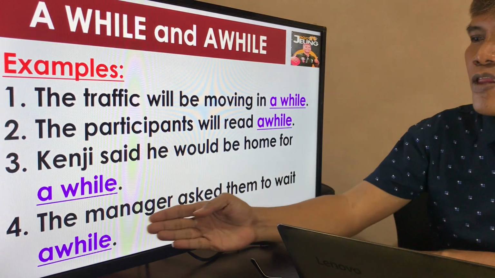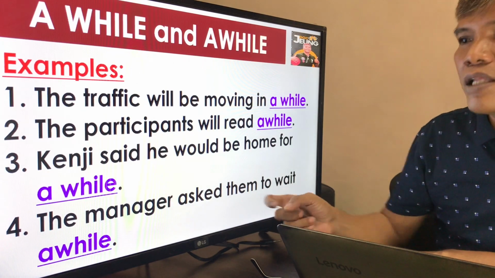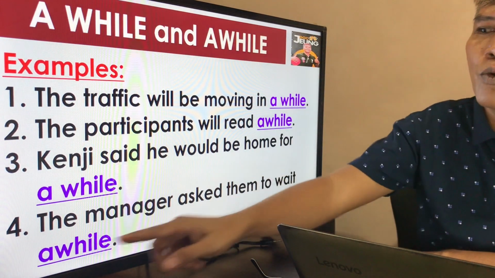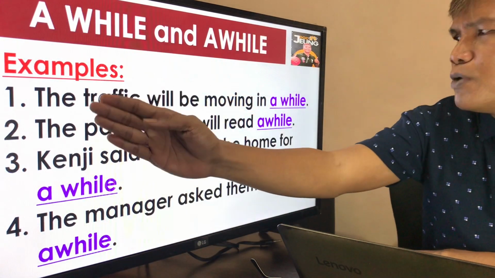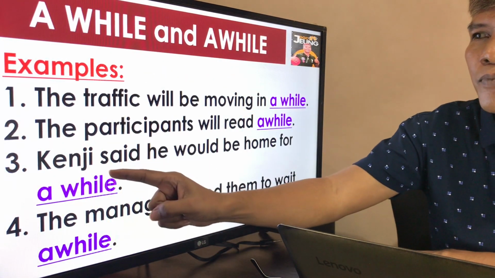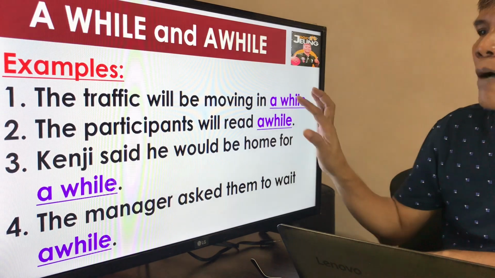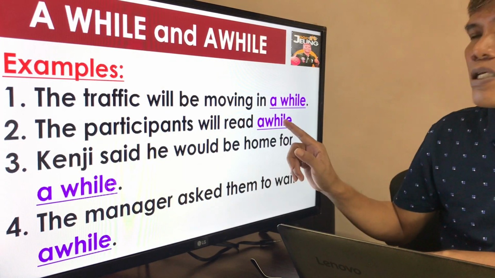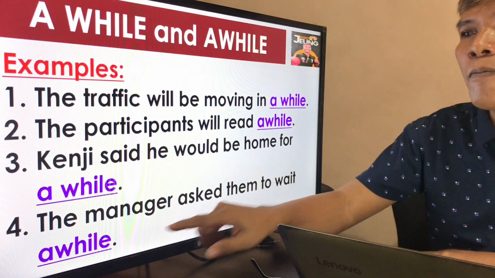Number four, the manager asked them to wait awhile. There is no preposition, so that's why we use awhile. So number one and number three mean for a period of time, while number two and number four mean for a short period of time.